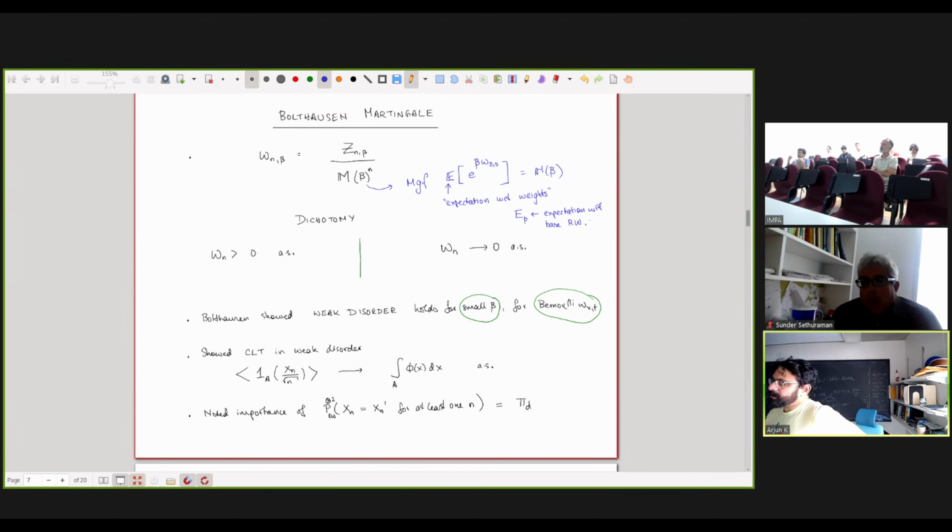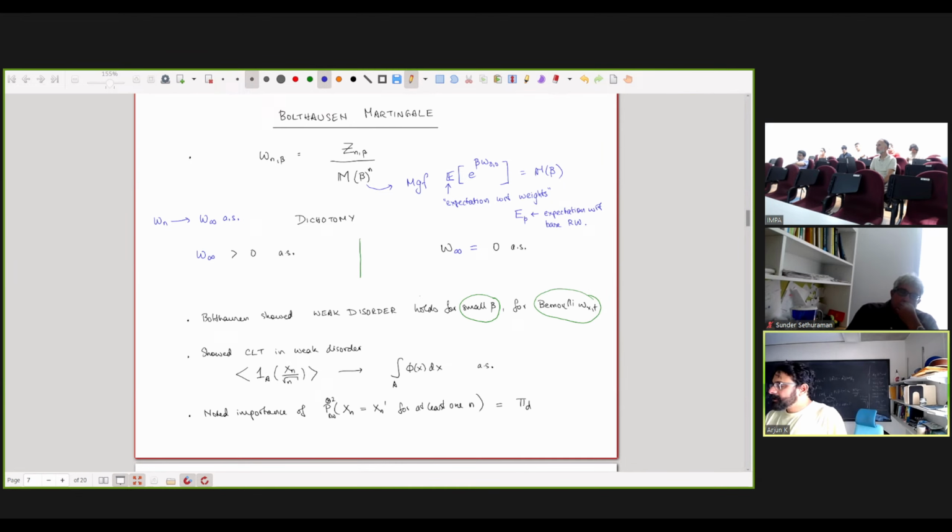So what Bolthausen proved was that these martingales have limits just by the martingale convergence theorem. They are non-negative martingales, so Wn converges to W infinity almost surely. And he noticed using the Kolmogorov 0-1 law that either you have W infinity bigger than 0 or it is equal to 0.